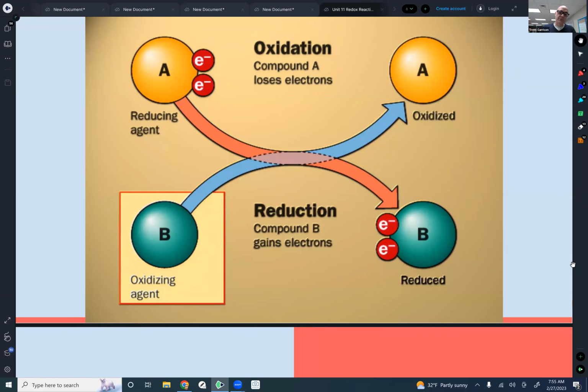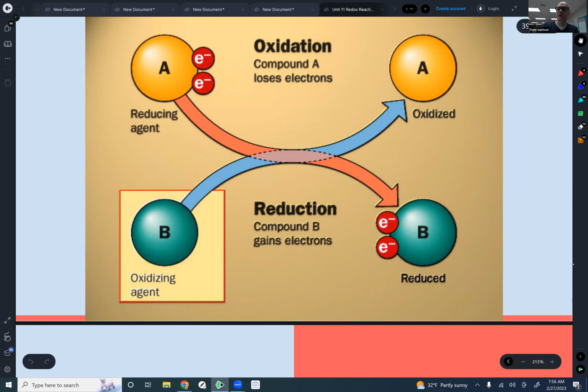Now, there are some details in this that we also need to be aware of. There is such a thing called the agents. They are the starting materials that do the opposite task. If you go through oxidation, that's because you caused reduction to occur, so you are now called the reducing agent.